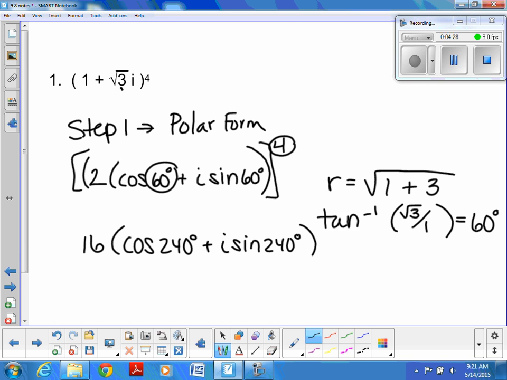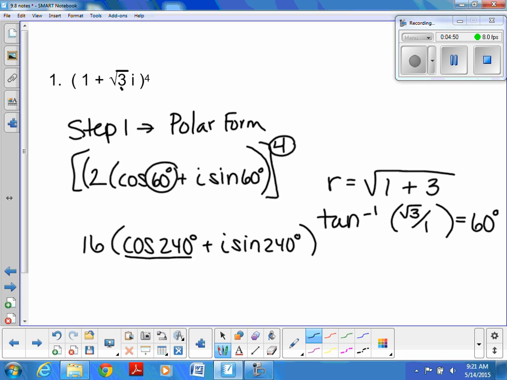And now, since it started in complex form, they want you to put it back into complex form. All you're going to do is use your calculator. But that's a popular angle, isn't it, 240? So you don't have to use your calculator. But do I let you use your calculator or not? I'll just use your calculator. Is that what you guys want to hear?